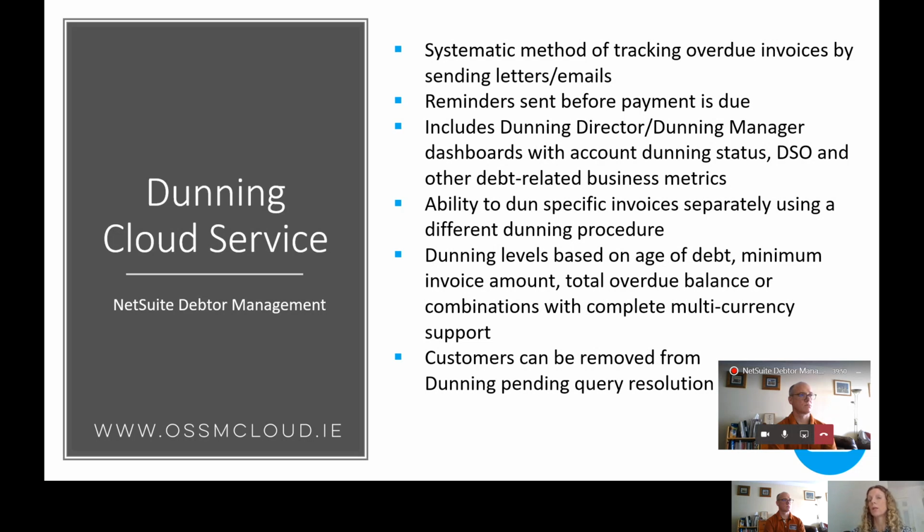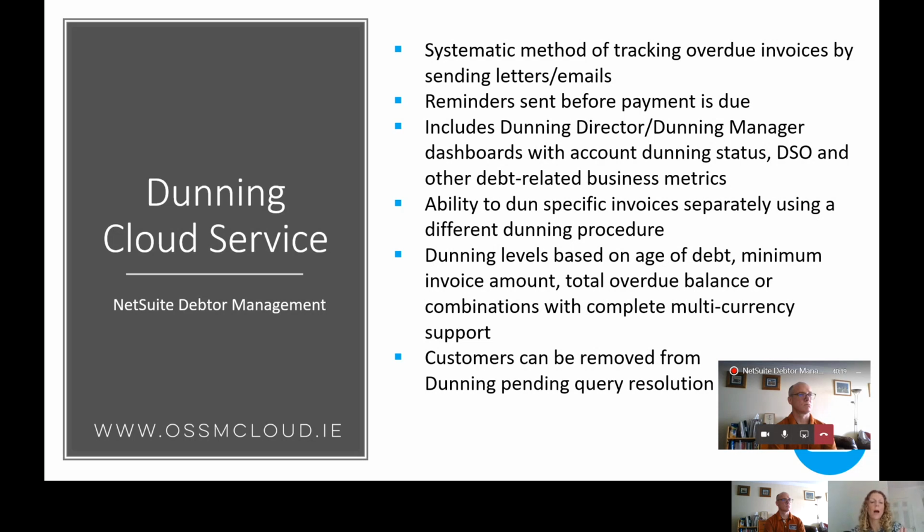I'll just run down through some of the key points here. The Dunning Director role, which we'll see in a few minutes, includes some debt-related business metrics already. You can choose to dun specific invoices rather than the whole customer account if you wish. You can also decide on different dunning levels based on criteria such as the age of the debt, the minimum invoice amount, the total overdue balance, or combinations, with multi-currency in there as well.